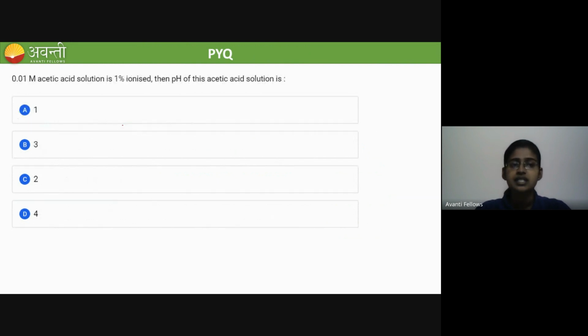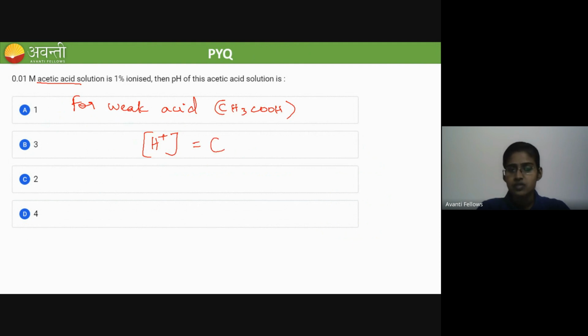Then coming to the next question. 0.01 molar acetic acid solution is 1% ionized. Then what is the pH of this acetic acid solution? Acetic acid is a weak acid, right? For a weak acid like acetic acid, CH3COOH, the H+ ion concentration can be calculated using one formula. You can take down this formula: C into alpha.